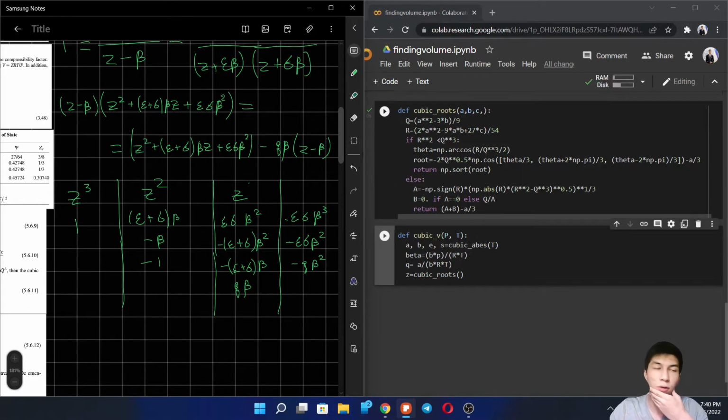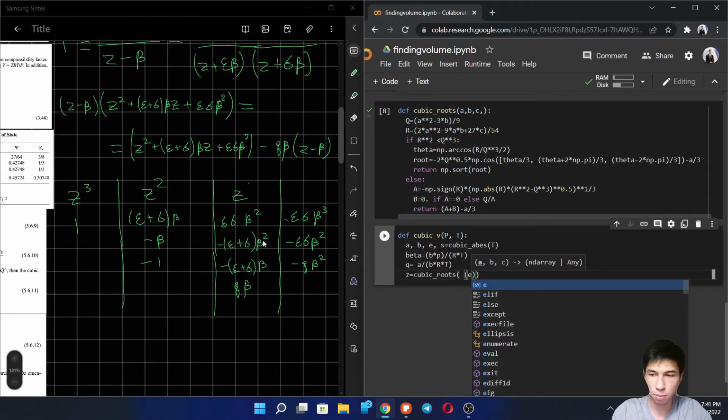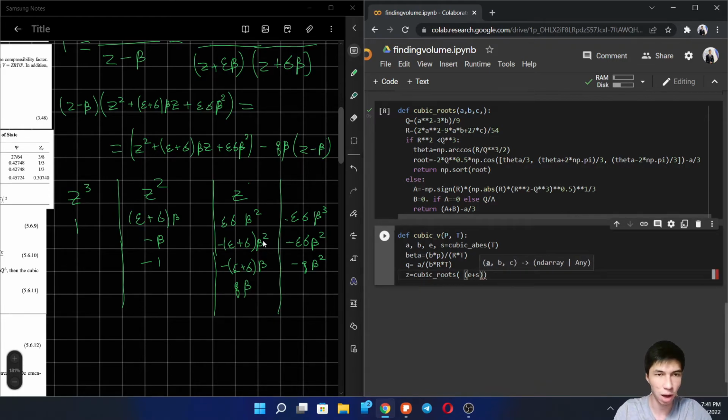So for the a, which is the coefficient of z squared, it's going to be epsilon plus sigma multiplied by beta, minus beta and minus 1. So this is our value for A.